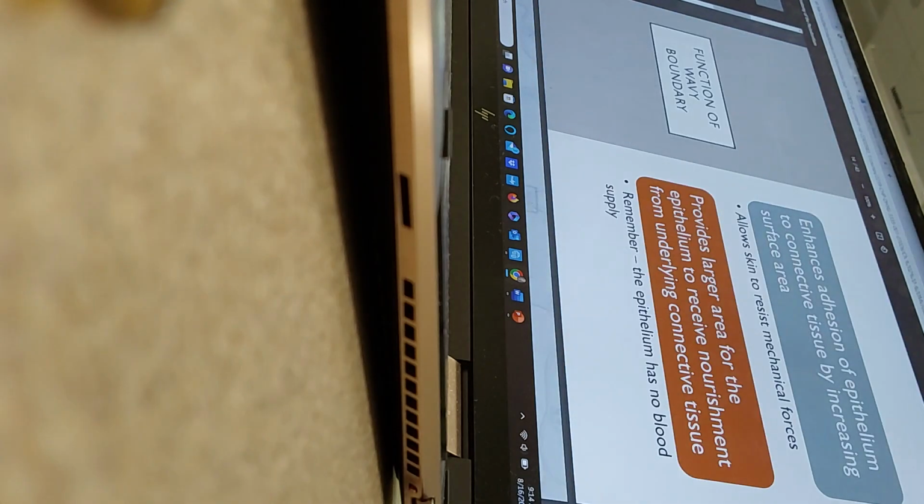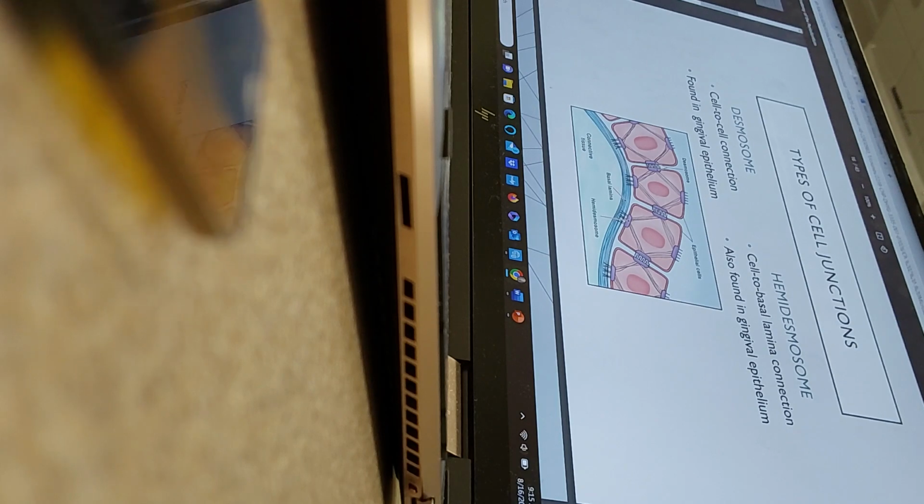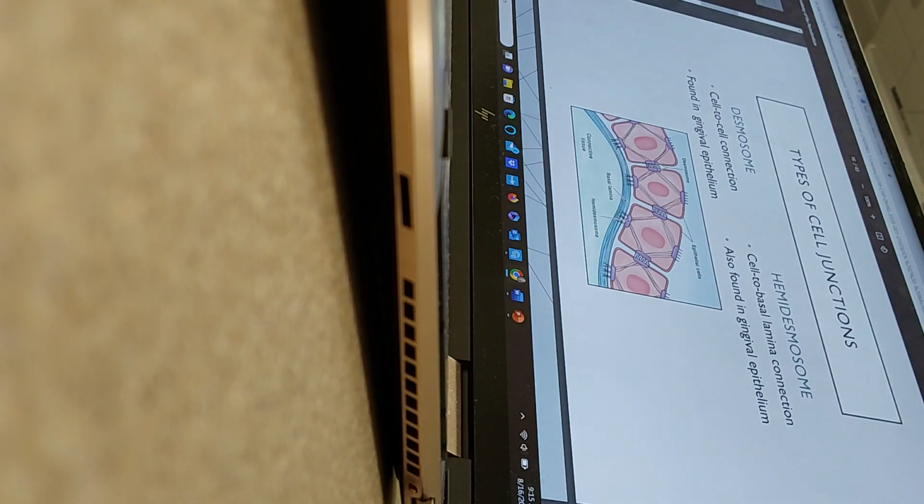The connection between the epithelial cell and basal lamina, that one's a hemidesmosome. Remember the three types of gingival epithelium. The outer layer of the gingiva, the oral epithelium, sulcular, and junctional.